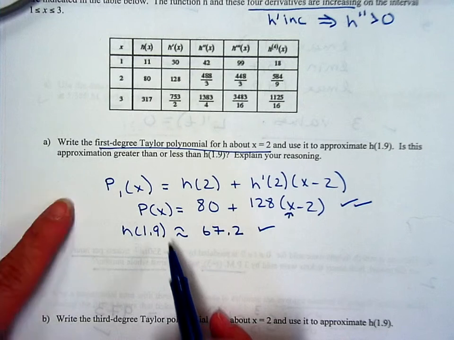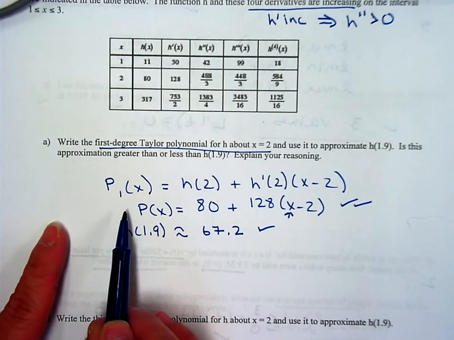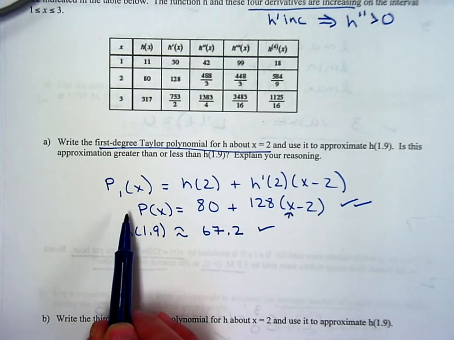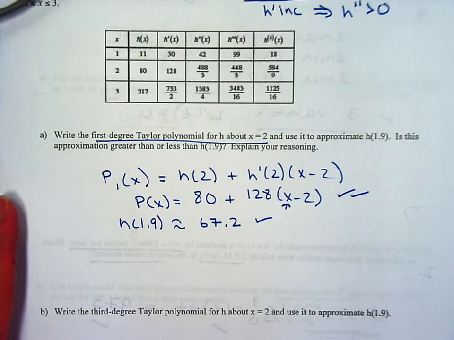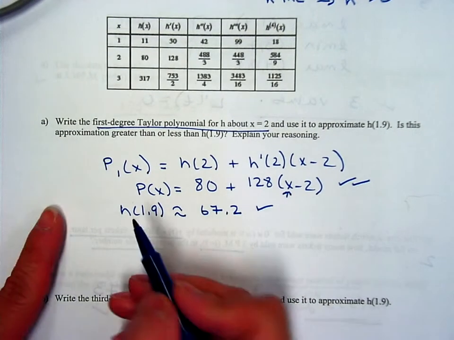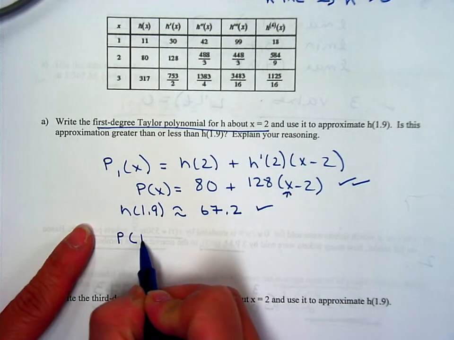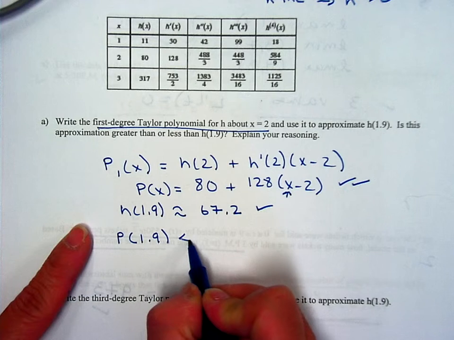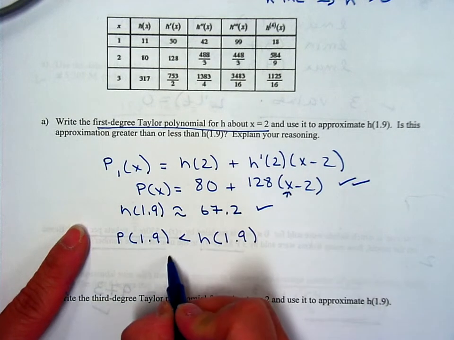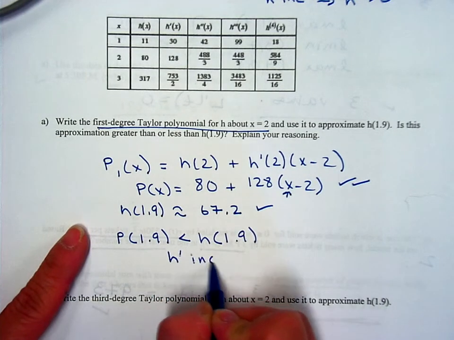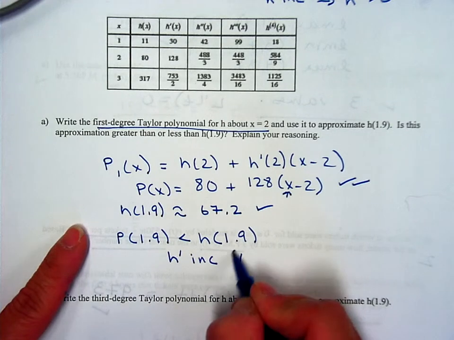Notice that the polynomial you came up with is a tangent line. Anytime they ask you if a line is an under approximation or over approximation of the function, you always need to be thinking about the second derivative. I know that the approximation from the polynomial is less than the actual value because h prime is increasing from 1 to 3.